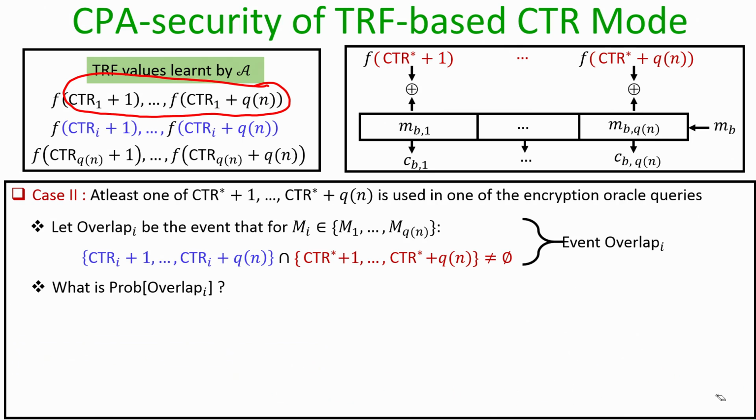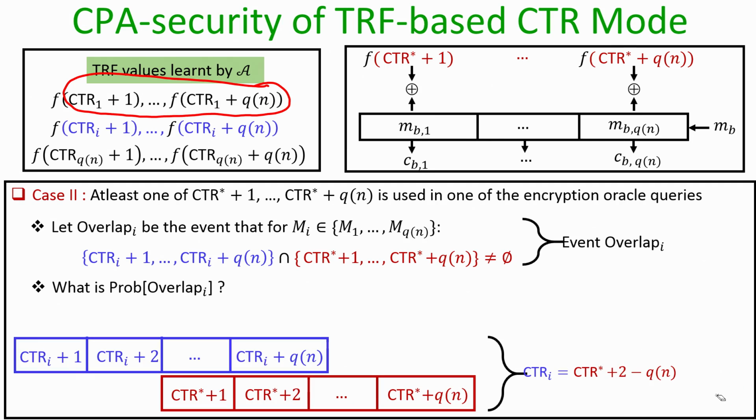In the same way, if overlap I occurs because the last two counter values for the message mi and the first two counter values for the challenge plaintext mb overlap, then the value of the counter I should satisfy this relationship.